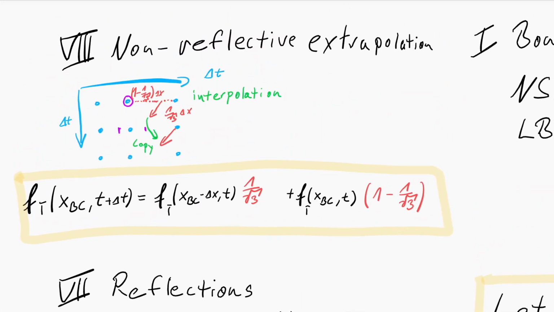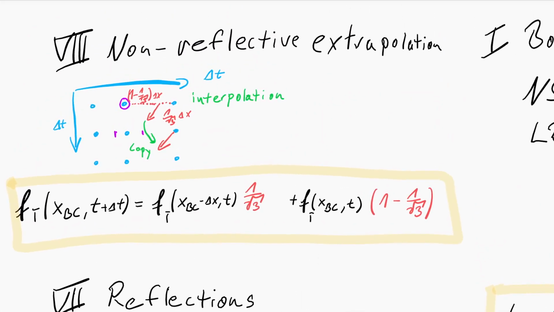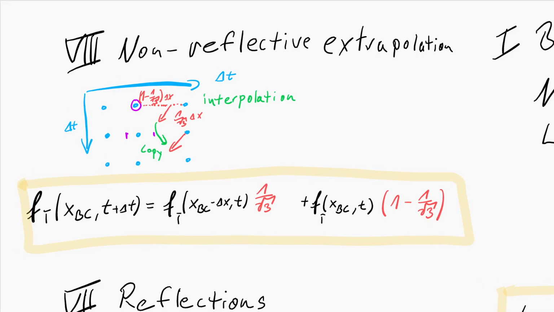So there is, of course, a way to solve this, and this you find in the cumulant lattice-Boltzmann paper in one of the appendices. We can redefine this boundary condition as a non-reflective boundary condition by a relatively simple trick.